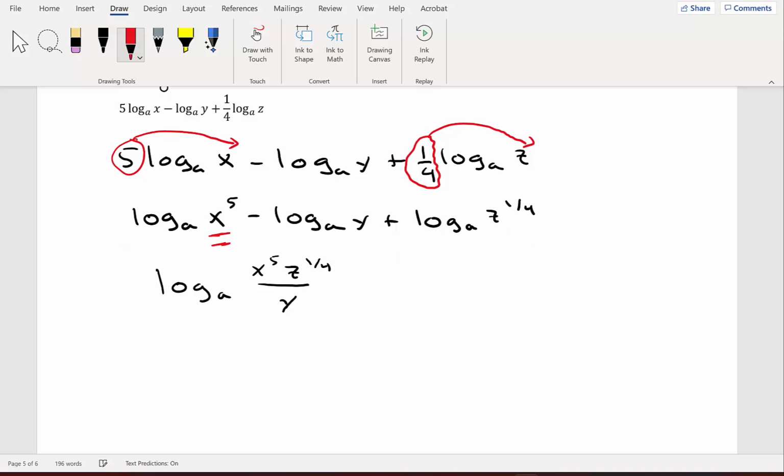Okay. So now we combine these 3 logs into just 1 log. And even this, you could take it a little bit further. If you want to remove that rational exponent, this would be x to the 5th times the 4th root of z over y. But either solution is fine.